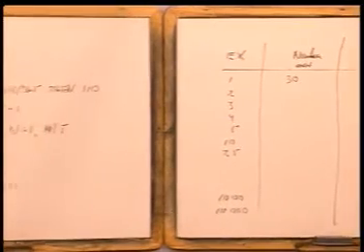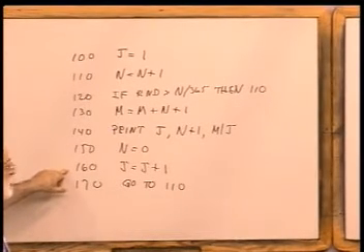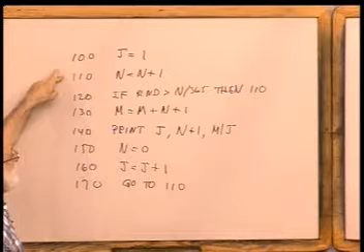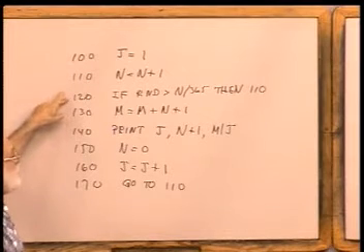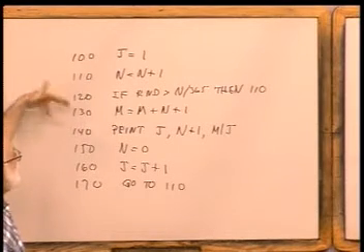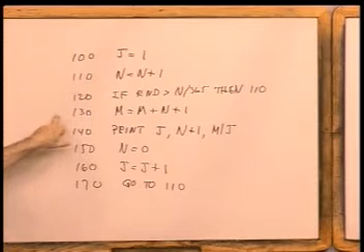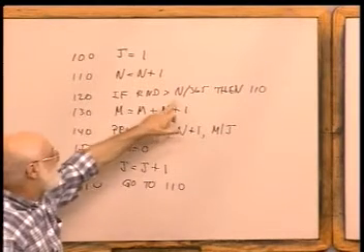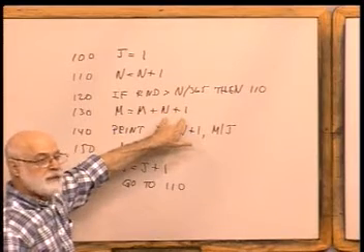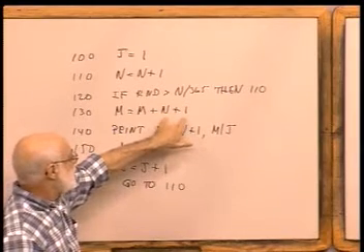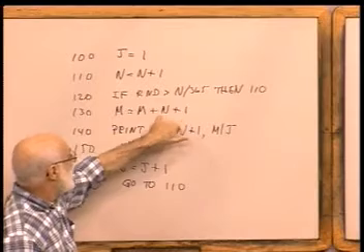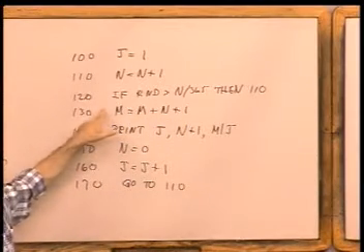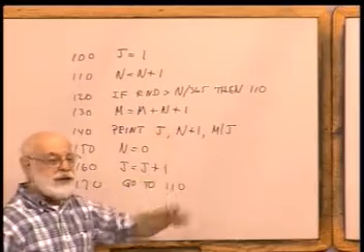Okay, now I set n back to 0. I do experiment number 2. I go to 110, which sets n equal to 1. I spin my dial to see whether I've got a match. I keep on doing that until I get a match. And then if I get a match on the nth question, that means I've questioned n plus 1 people. So I take that n plus 1 and I add that in, so my new m is now the number I questioned the first time plus the number I questioned the second time.